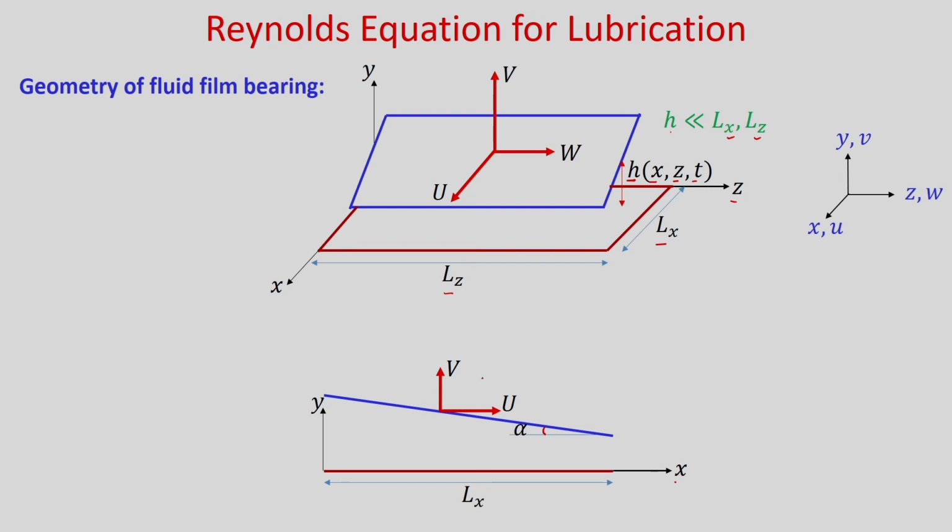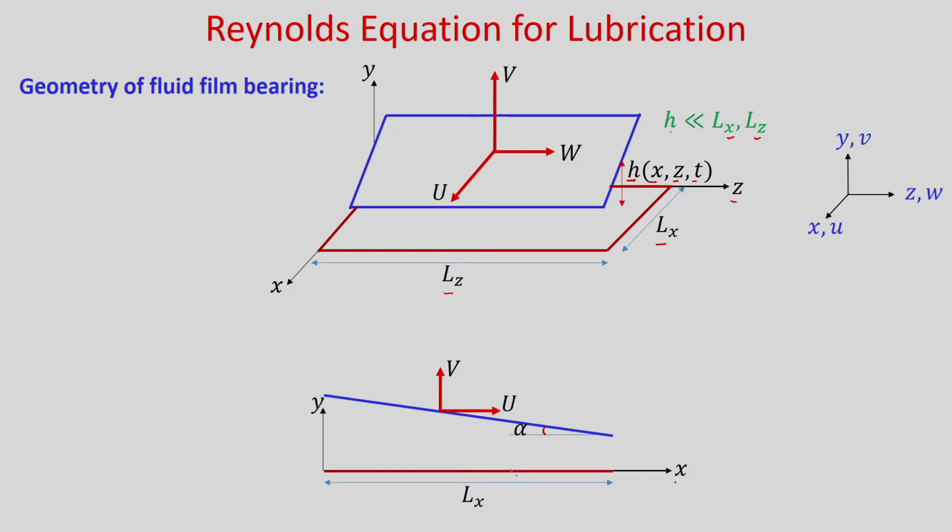So, in this case you can see one or both bodies may be moving, but we are making the upper surface moving and giving the relative velocities with respect to the bottom surface which we have made stationary.